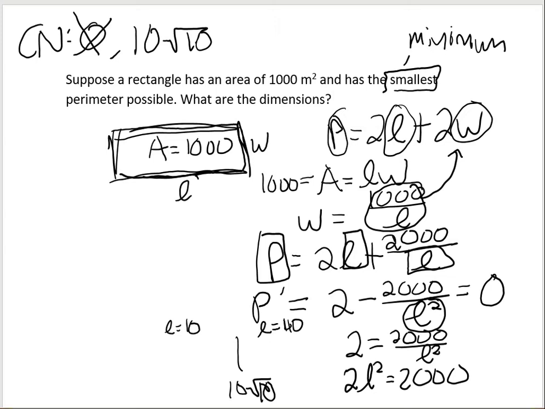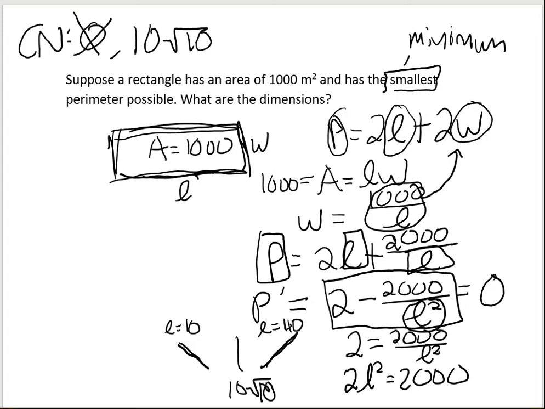You're just plugging that into 2 minus 2000 over L squared. And you'll get negative 18 when L is 10. And when L is 40, you get 0.75, which is positive, which means this is a minimum.